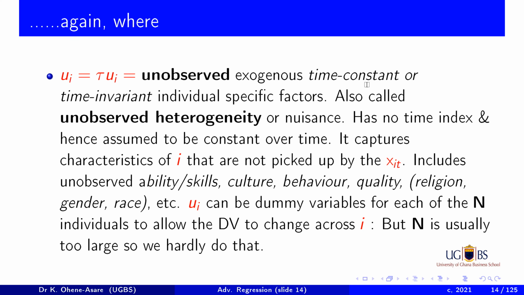Now, the unobserved heterogeneity can be a dummy variable for each of the observations. In fact, the religion I gave you is even a dummy. Gender is a dummy variable. Race is also a dummy variable. And so all of them will be working within those parameters.